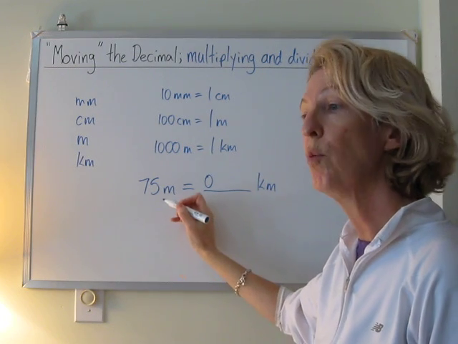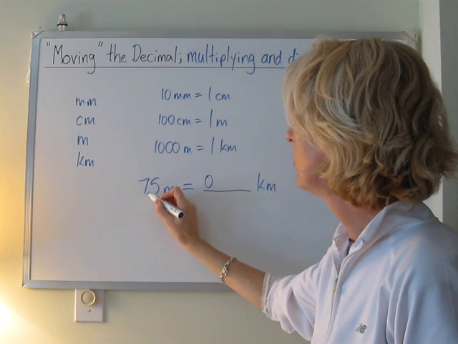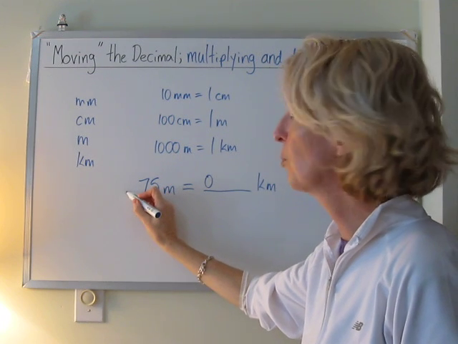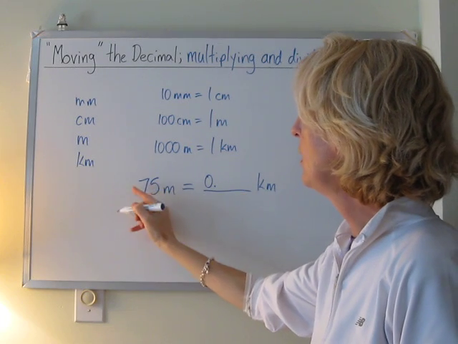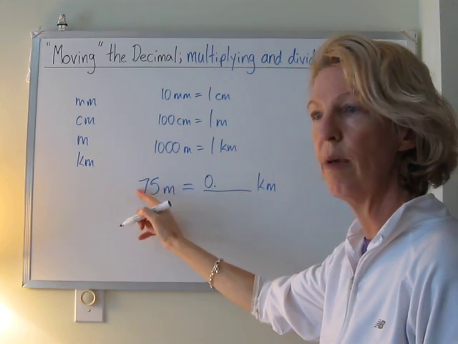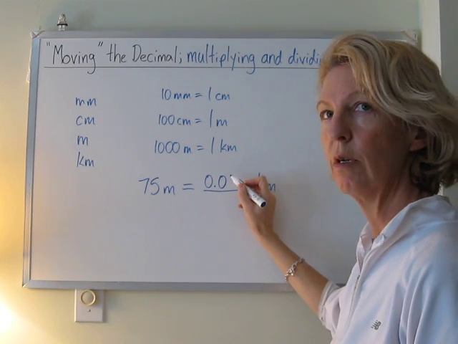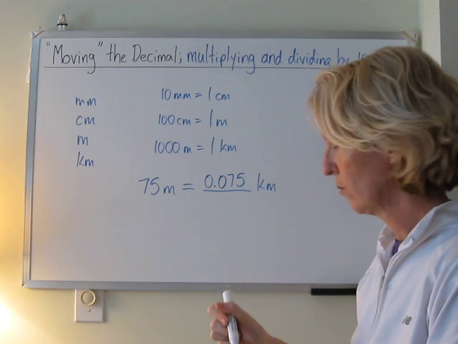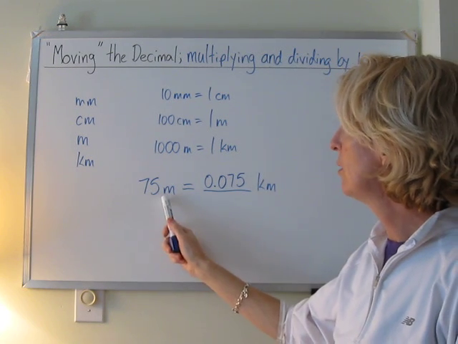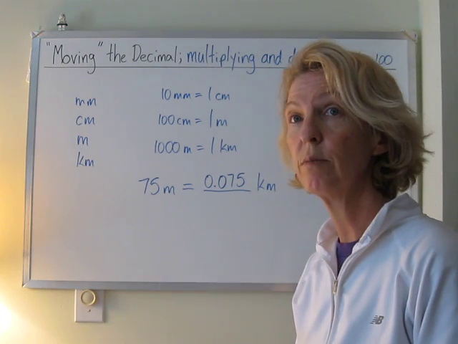Right. And we're going to move the decimal 3 places. 1, 2, 3. We need a 0 here to fill in that position. And then we have, what goes here? 75. Good. We converted meters to kilometers by dividing by 1,000.